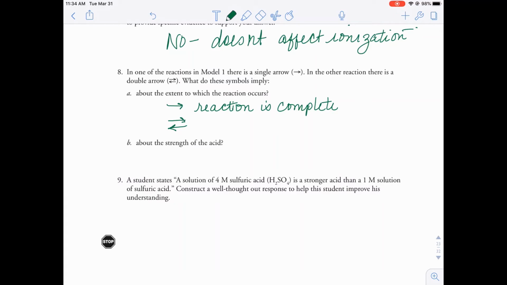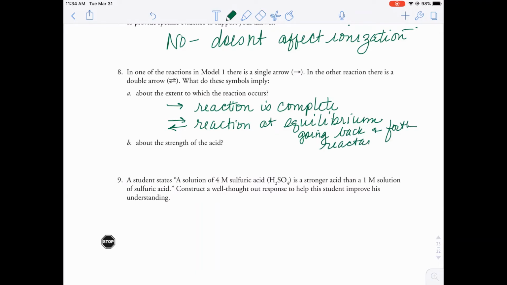It's in equilibrium, which is what I wanted to say. Equilibrium means the reaction is proceeding towards the products and then going in reverse towards the reactants at an equal rate.